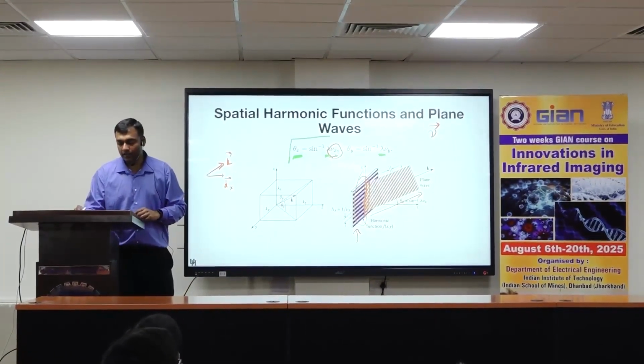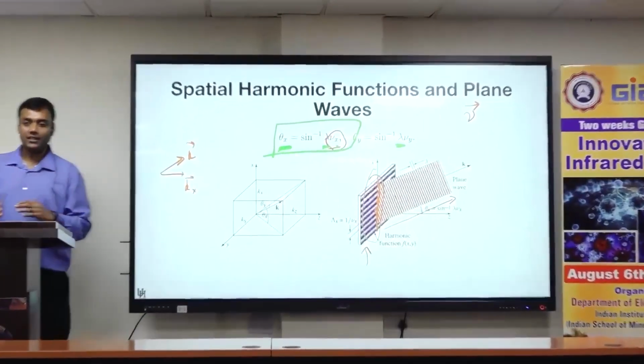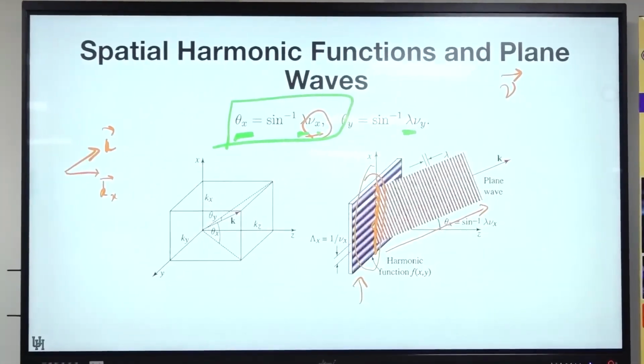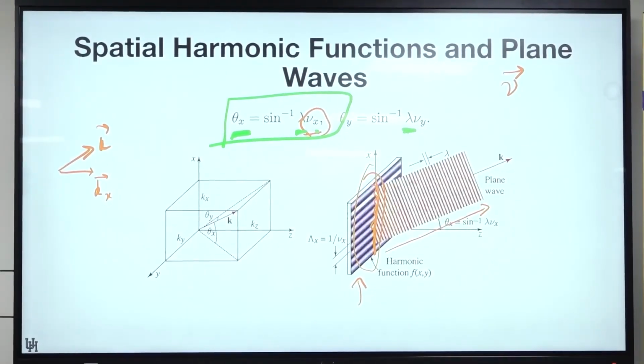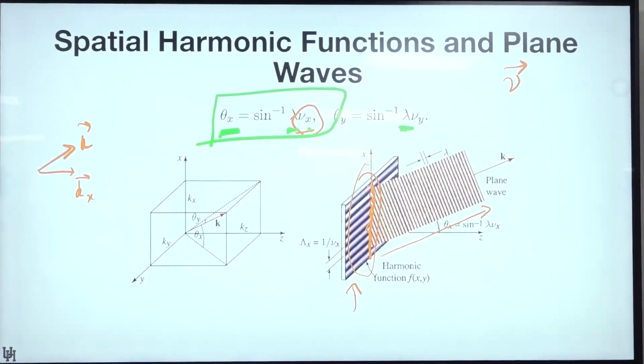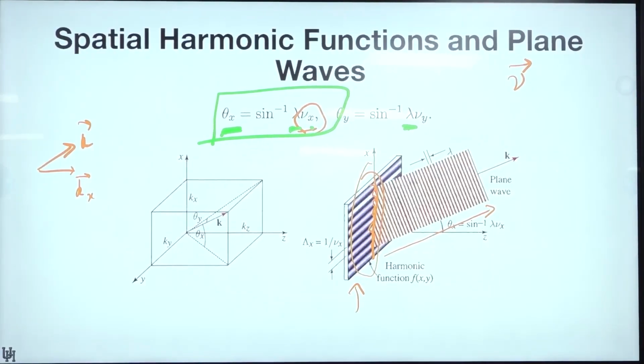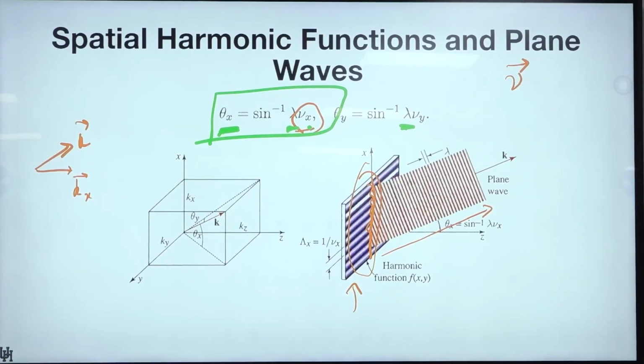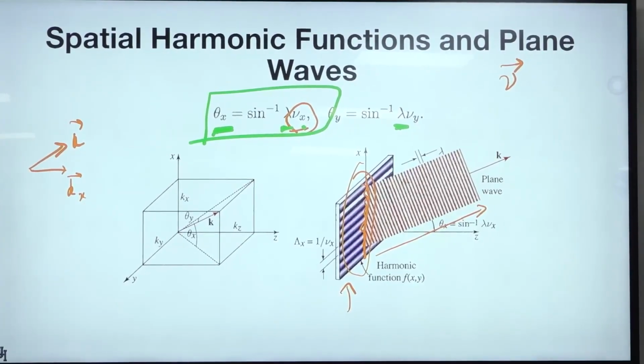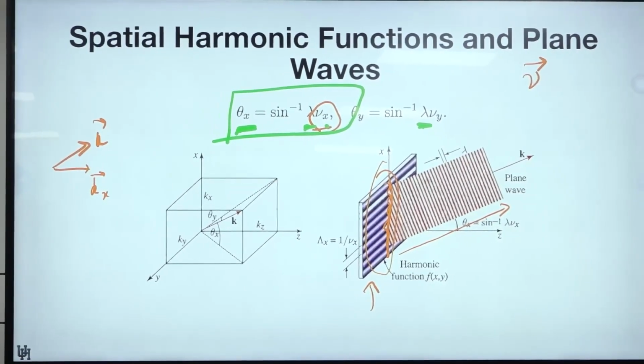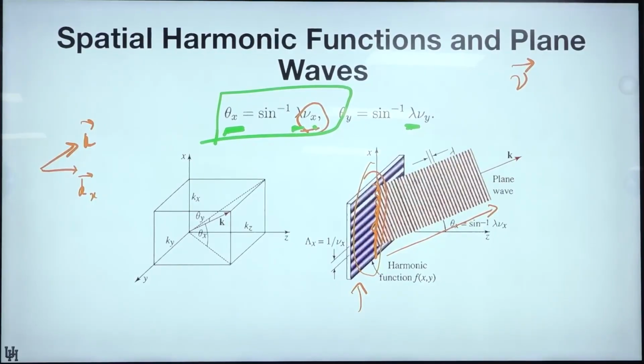If you look at this equation here, there is the spatial frequency of the grating, and additionally there is the wavelength of the light. So if white light is incident, which has red, orange, yellow and all that, the red light will go in a different direction because the spatial frequency of the grating is the same, but the wavelength is different. Therefore each wavelength will be going in different directions.